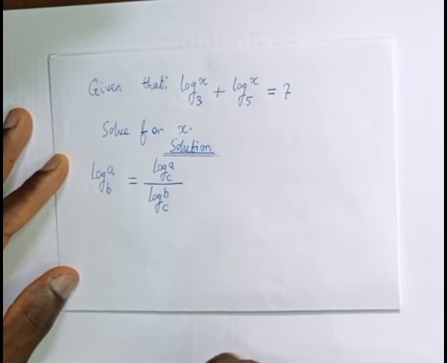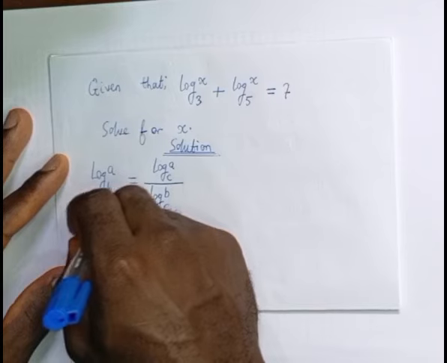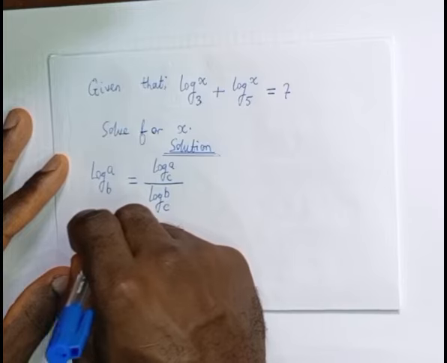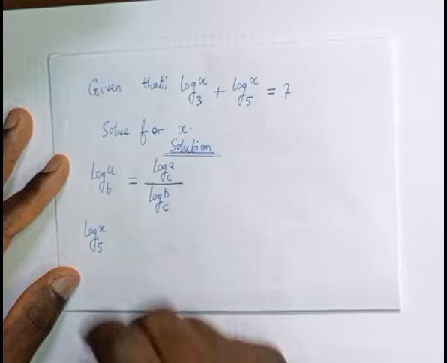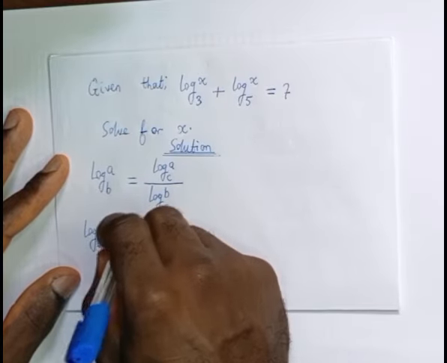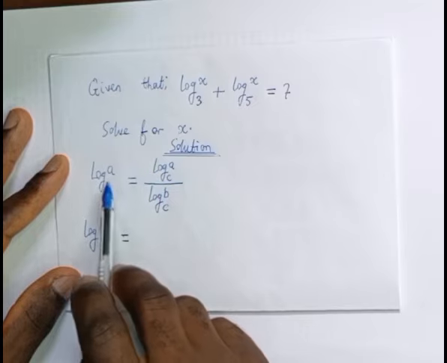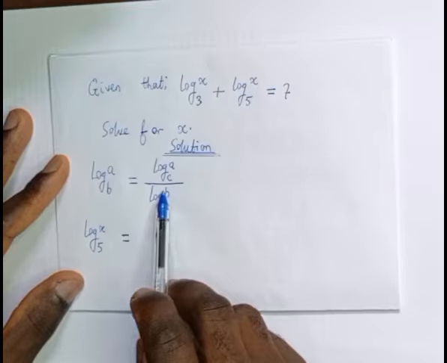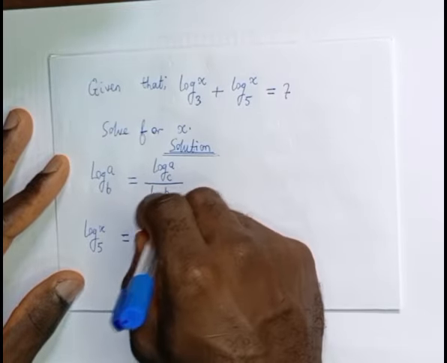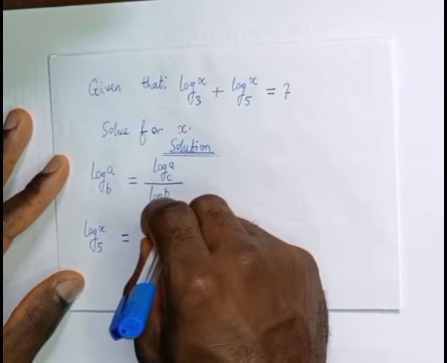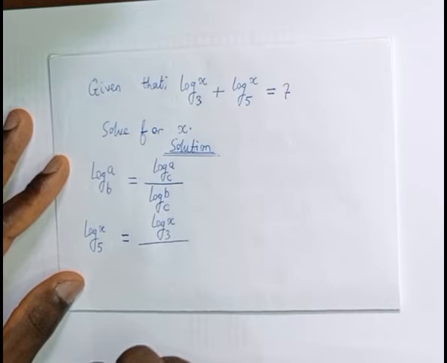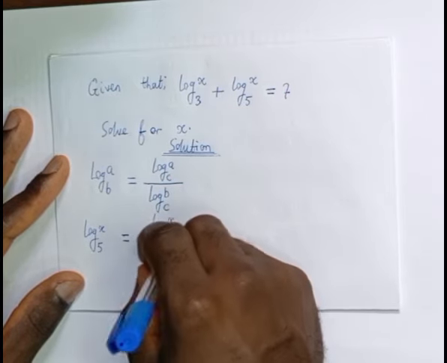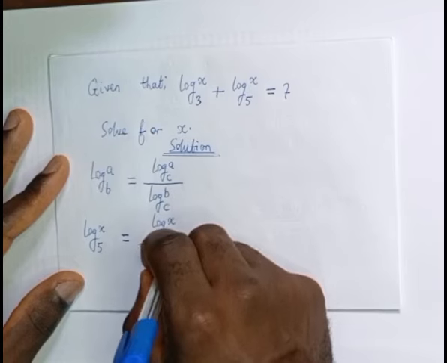Now let's change the base of log x base 5 to a new base of 3. Making use of this formula, this will give us the log of x base 3 all over the log of 5 base 3.